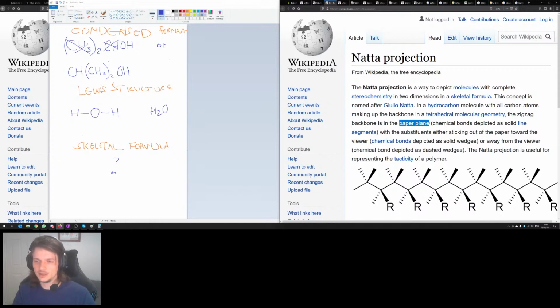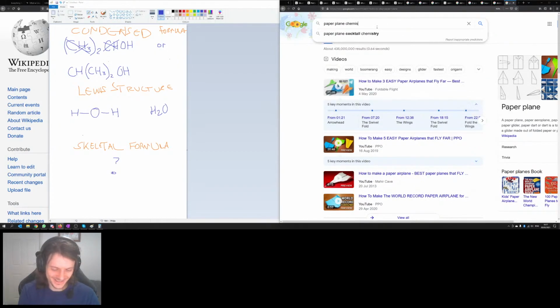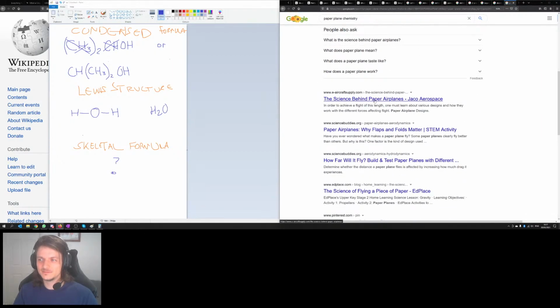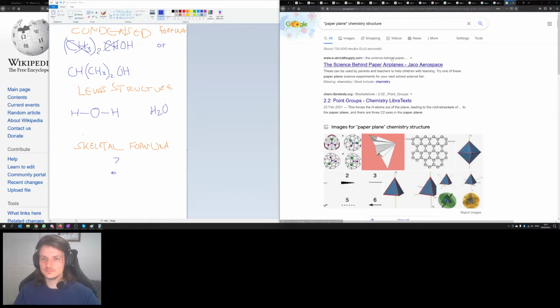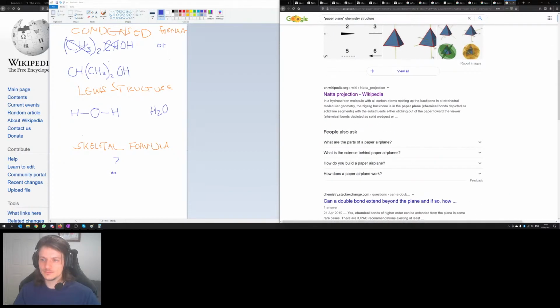What's the paper plane? Chemical bonds depicted as solid line segments.